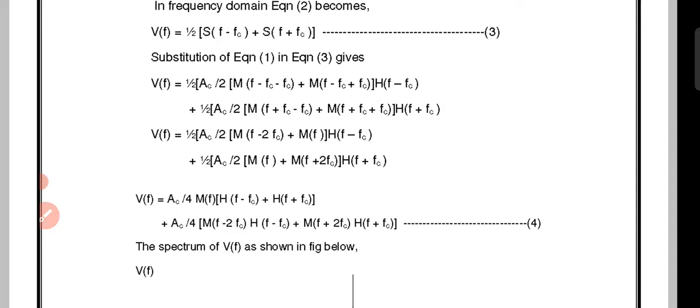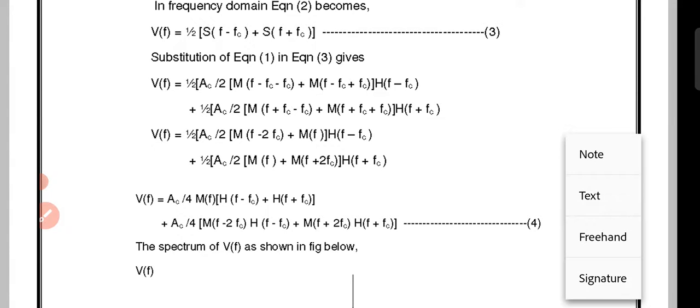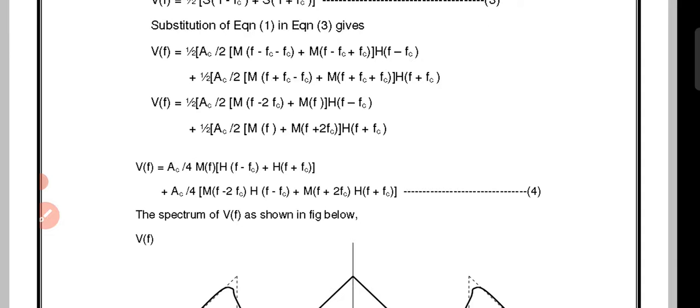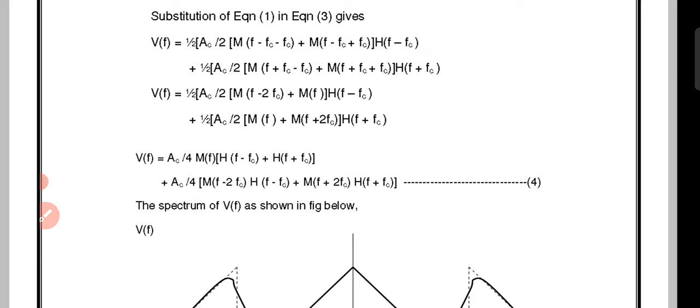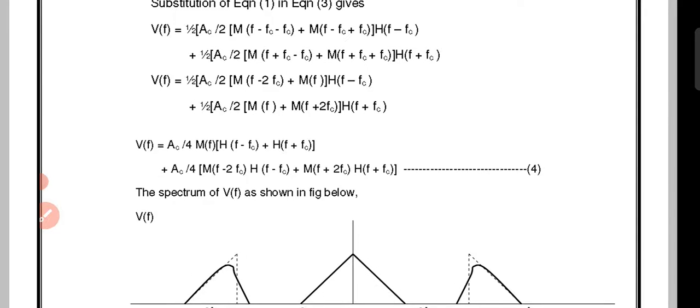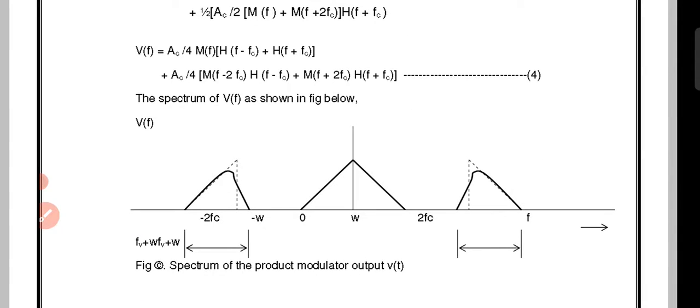A simple equation means frequency f, where f is the vestigial part: f minus fc, fc minus fm and fc plus fm. So we conclude that this is the output equation in frequency domain description. One term is for the sideband, either lower or upper, and another term is for the vestigial part.